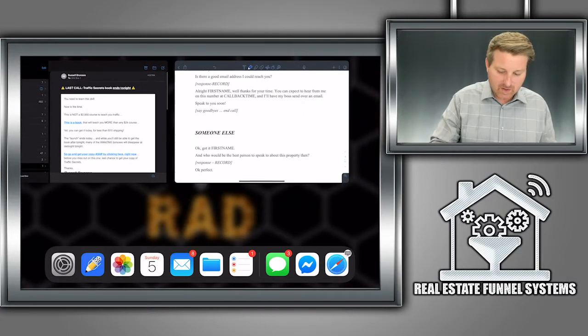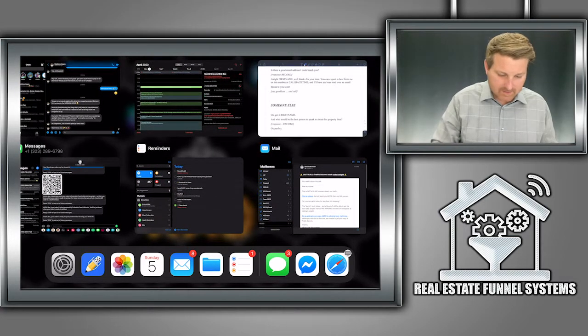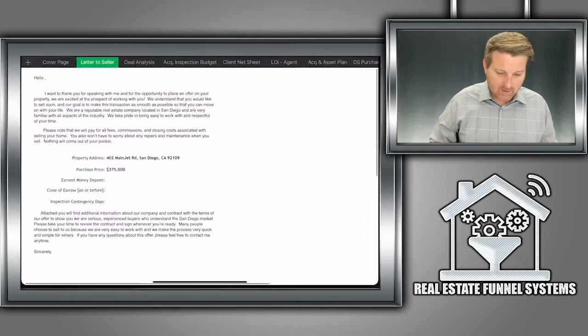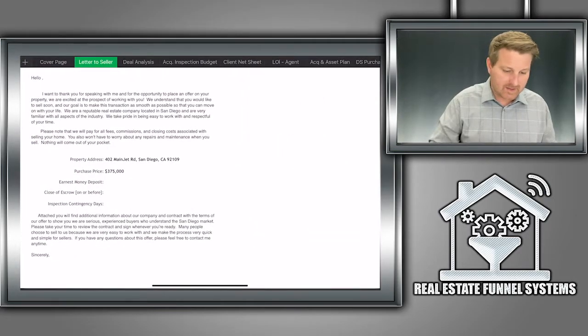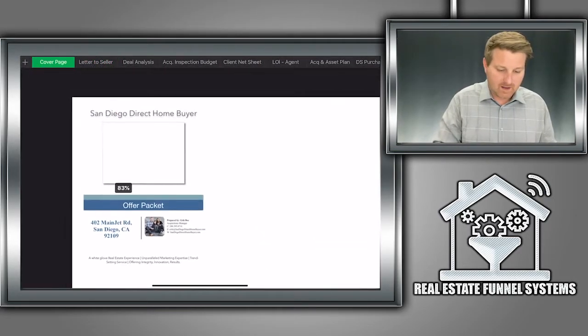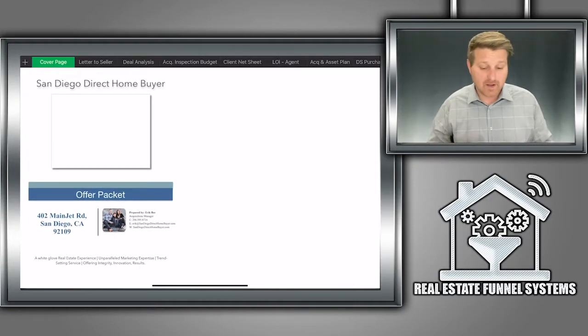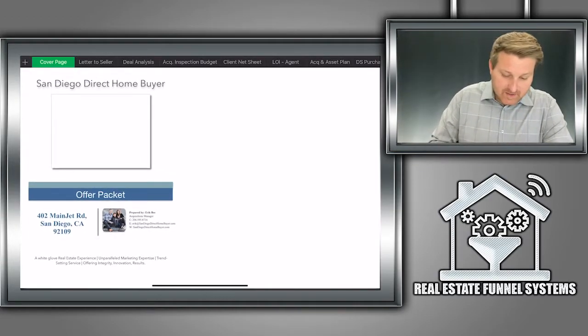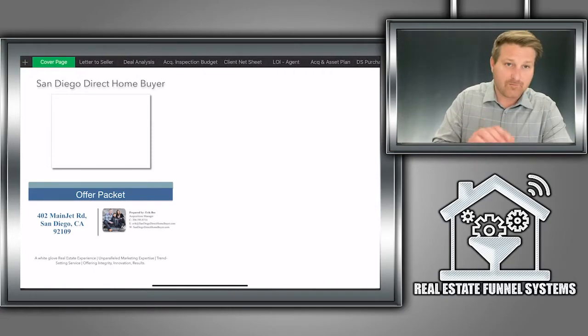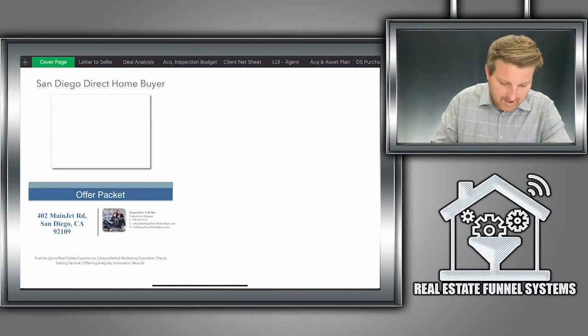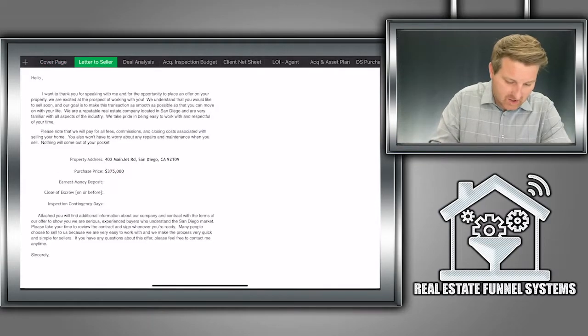If you go to my iPad here, as you can see, this is my deal analyzer that's on my iPad. So these are all tabs across the top. This is the full-blown pro version, and so that has all of this to it.